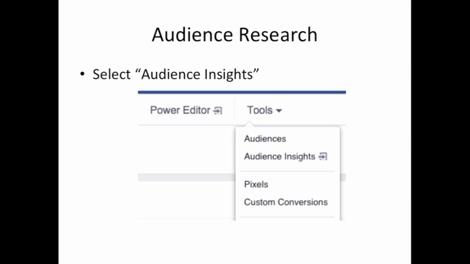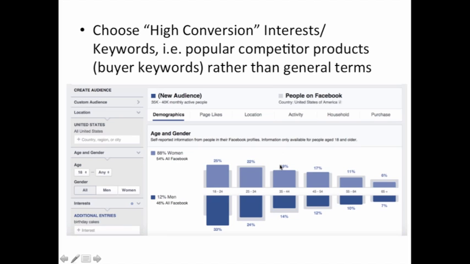To do some audience research, you can go to Tools and select Audience Insights. You can enter different keywords that you want to research to see what kind of demographic you should target.